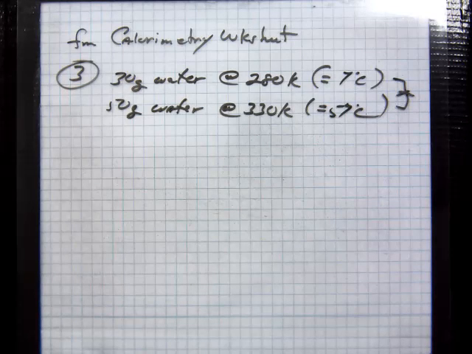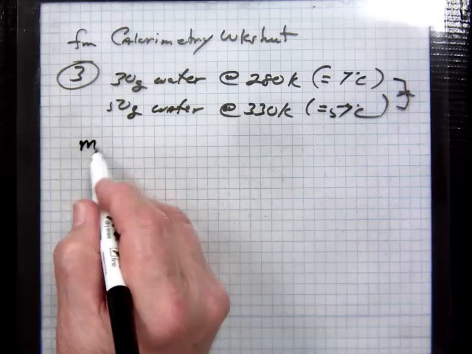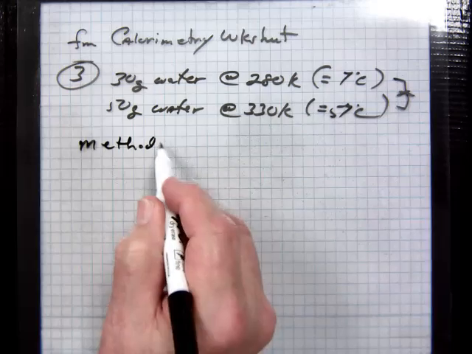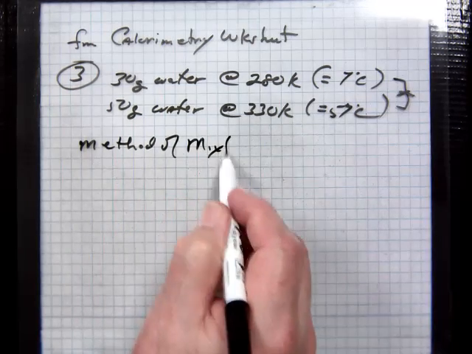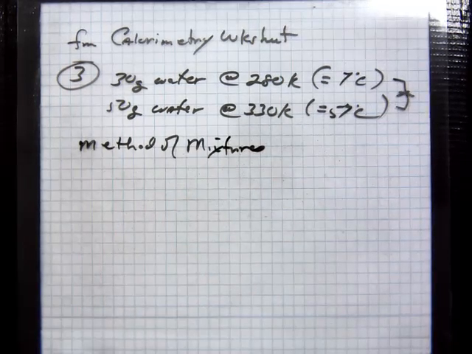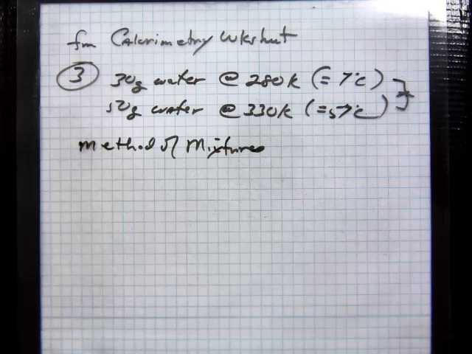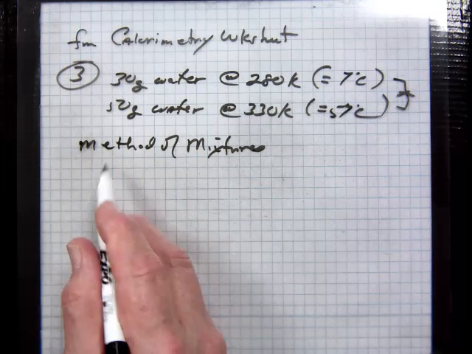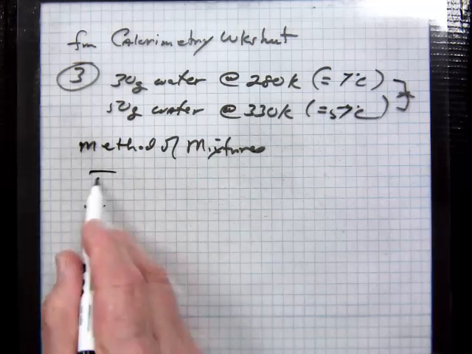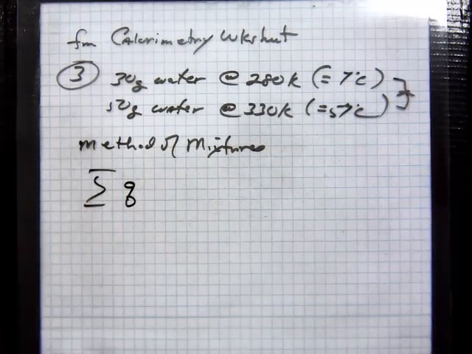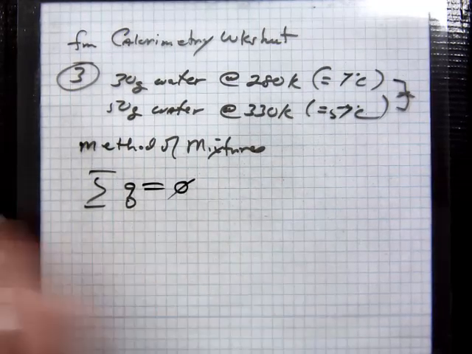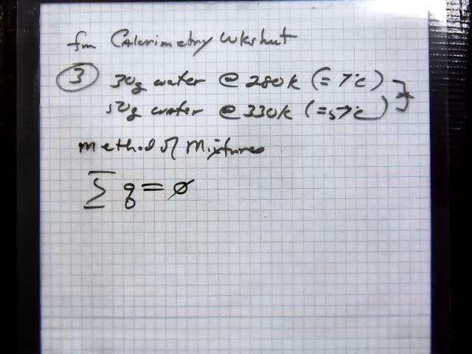Well, when working with mixtures, it's called the method of mixtures. Now, some of you may have done these kinds of problems before, but the one I use is that the sum of all the energy changes, the Q values, always equals 0. Law of conservation of energy.